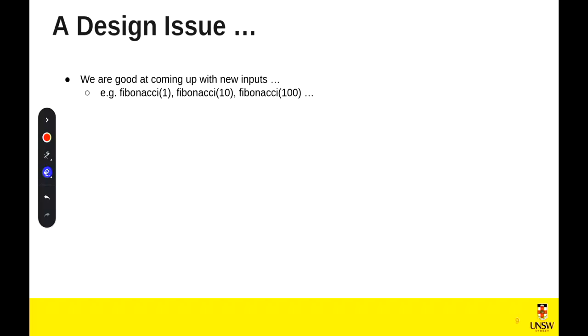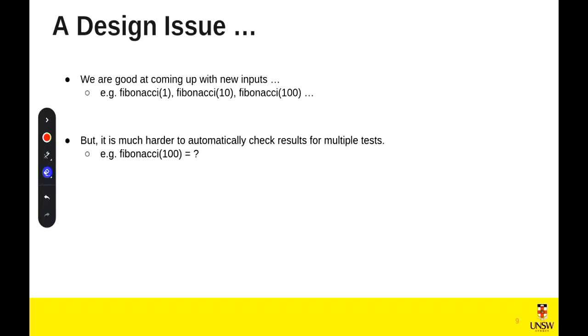For example, if we have a function to calculate the Fibonacci value, it's easy to come up with test inputs because we can use the rules we have learned before, like boundary value testing and equivalence class-based test case design. So it's relatively easy to come up with new test inputs, but it is much harder to automatically check the expected or correct or desired result.